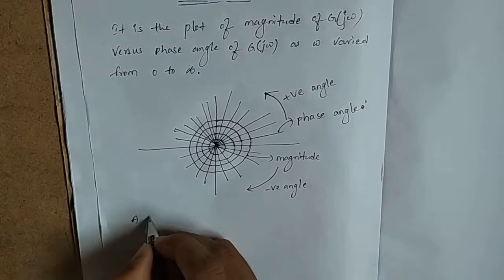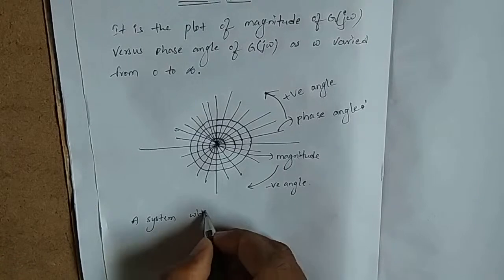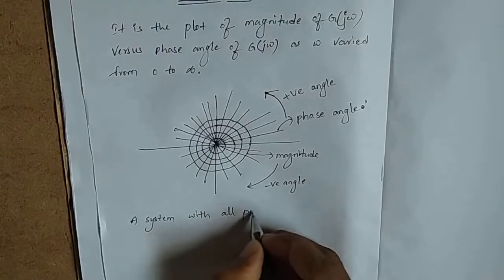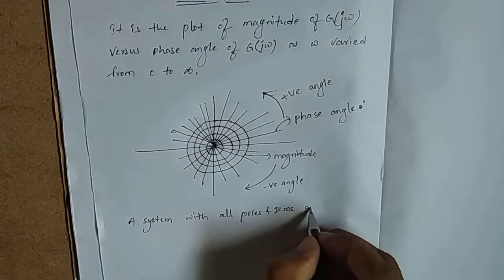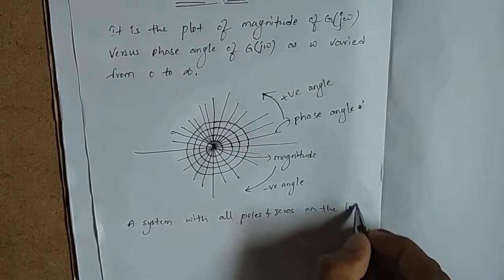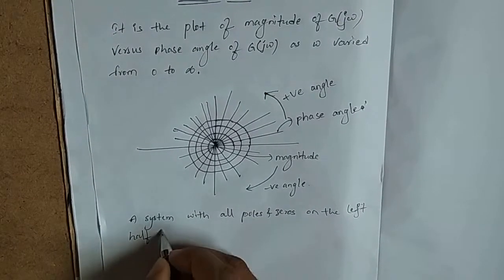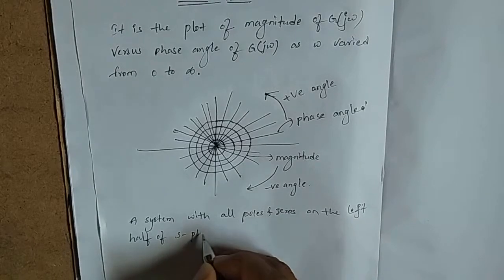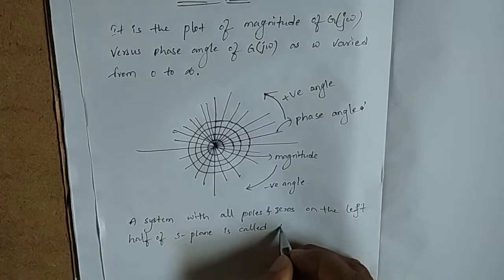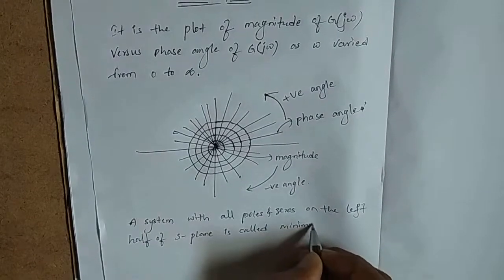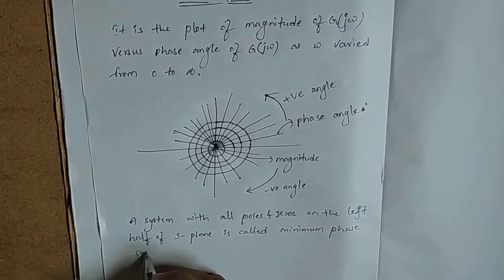A system with all poles and zeros on the left half of the S-plane is called a minimum phase system.